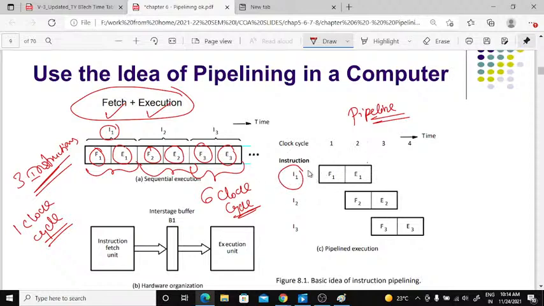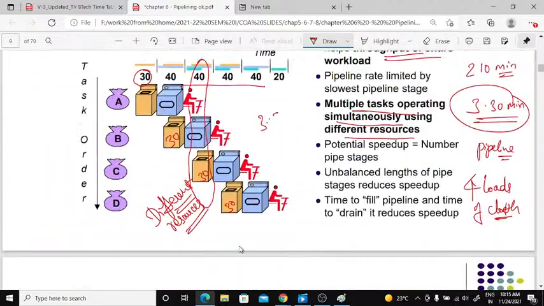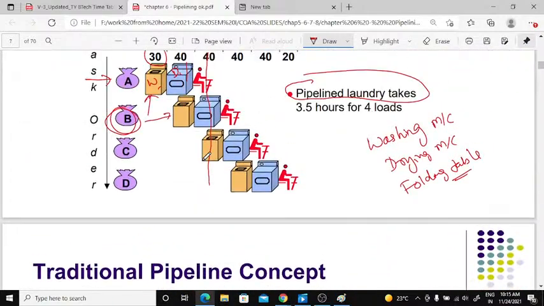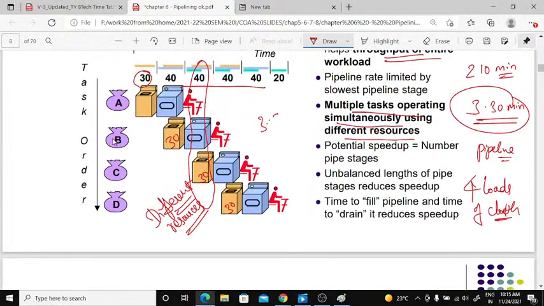So the instruction I1 during clock cycle 1 is the fetching operation, because this is called a two-stage pipeline. Why is this a two-stage pipeline? Because to execute one instruction there are two different units: one is the instruction fetch unit and another is the execution unit. In the washing example there are three resources: this is one resource, second resource, third resource.